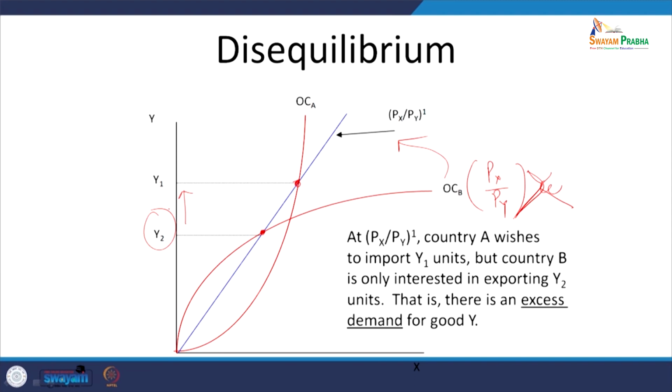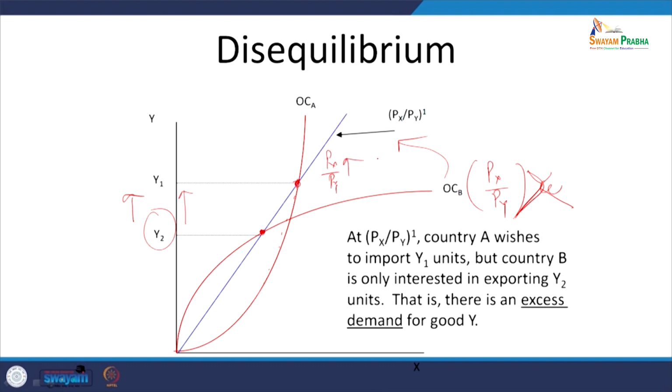From this argument we clearly find that the price of Y will rise for sure, and that will equalize. These points are achieved if and only if Px by Py changes every time.